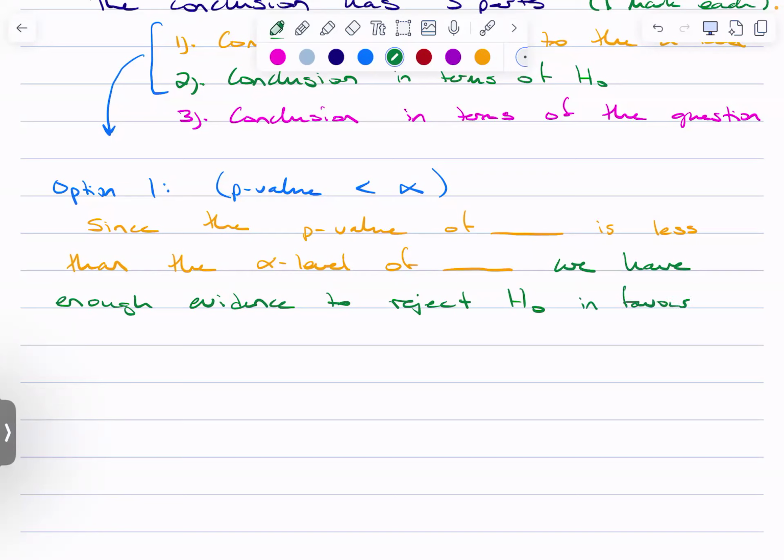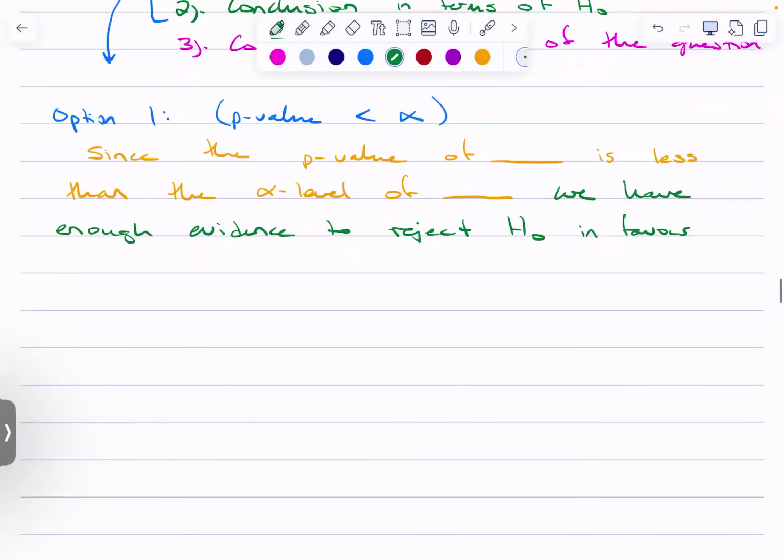In fact, I don't want you to bring HA into it until you feel really comfortable, because your conclusion has to be about H naught. We did all our testing assuming that the null hypothesis was true. And so you don't bring in the alternative until the very end. So we have enough evidence to reject H naught in favor of HA. That part's optional.